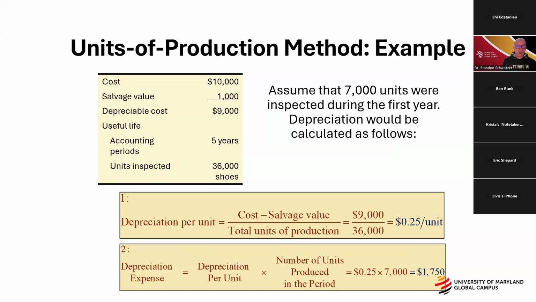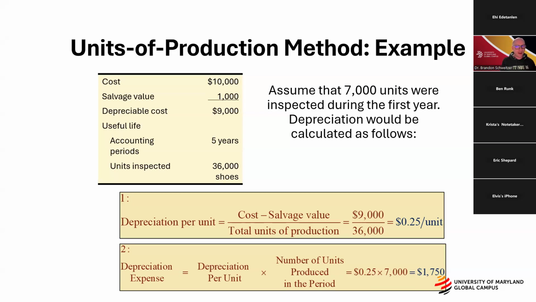So for this company, we assume that 7,000 units were produced during the first year. So we take the cost minus the salvage value to get us the depreciable cost of 9,000 divided by the 36,000 units over the useful life. That gives us about 25 cents per unit.